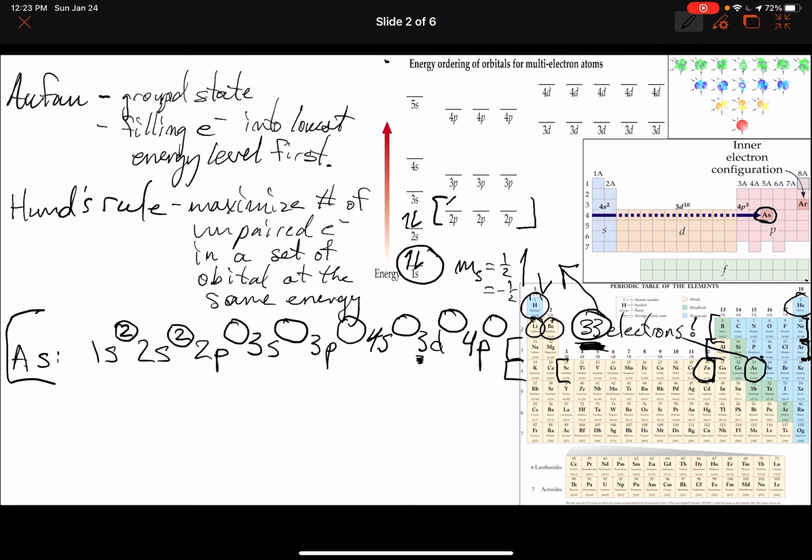So we would first unpair the electrons, maximizing the number of unpaired electrons in a set of orbitals at the same energy level. Then I would pair up my last one. So the 4th electron, the 5th electron, the 6th electron. Okay, so there's 6 in the 2p. I'm going to put a 6 down there to keep track.